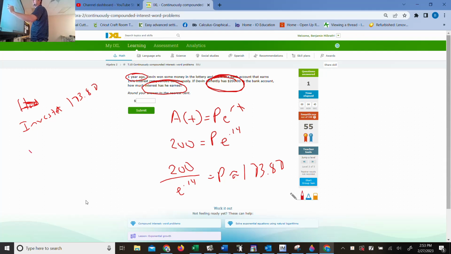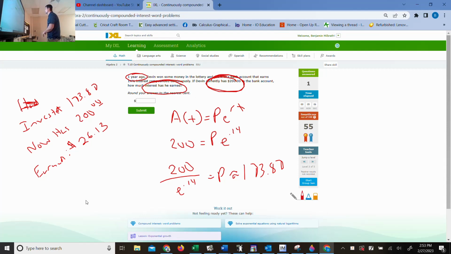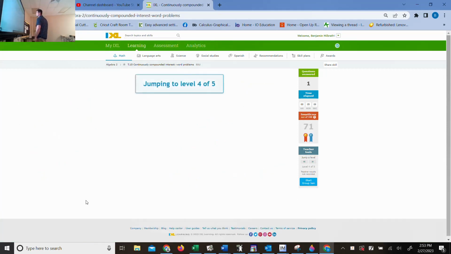He now has 200. So that means that he earned, for doing nothing, because that's how investments work, $26.13. Assuming my math is right. Still easy. That was level 3.